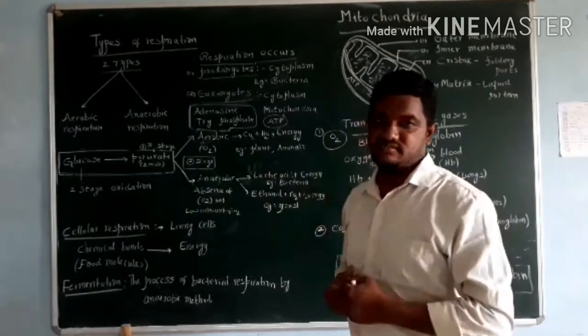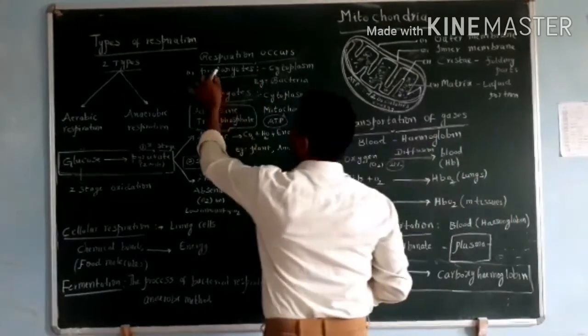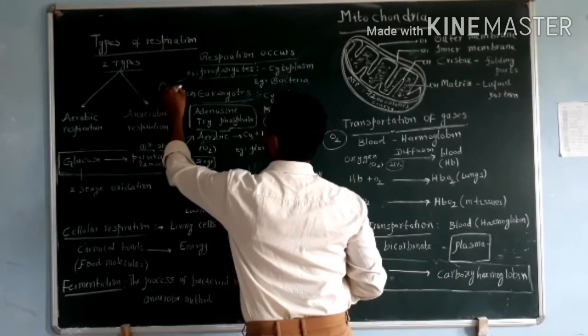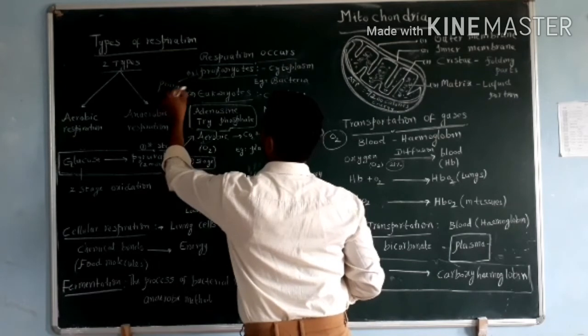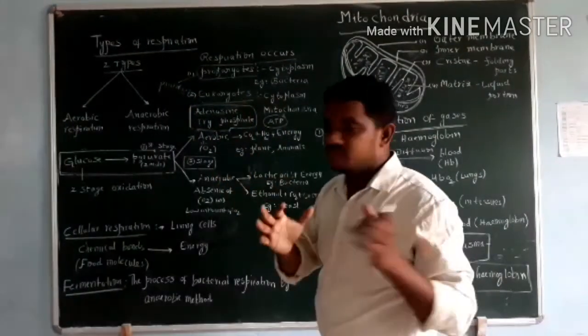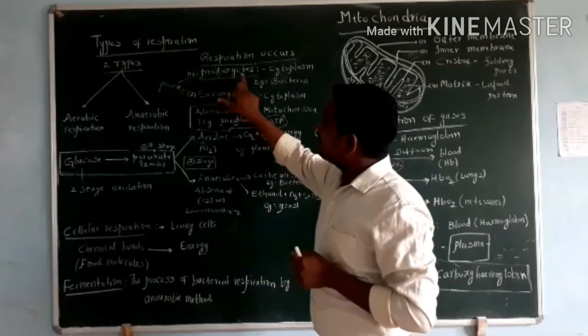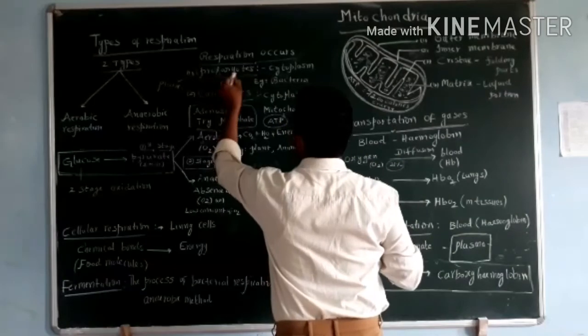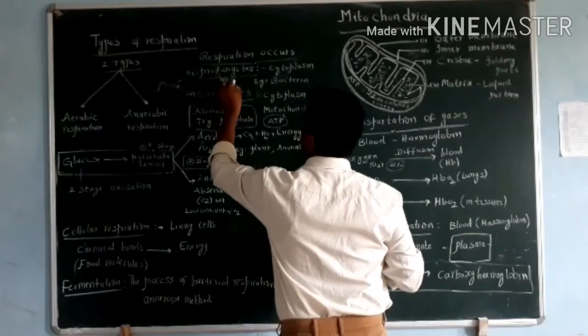Prokaryotes means primitive. Pro means primitive. Karyon means nucleus.